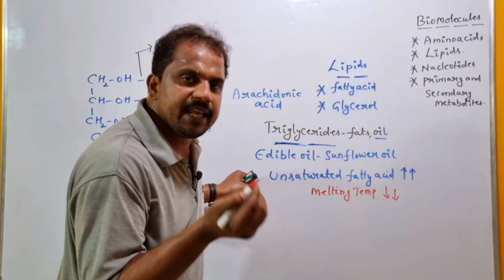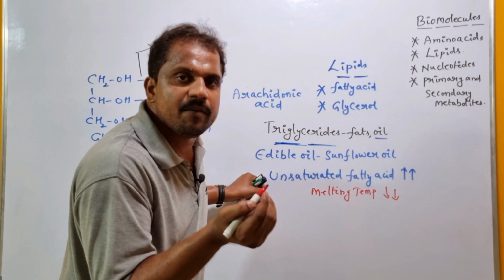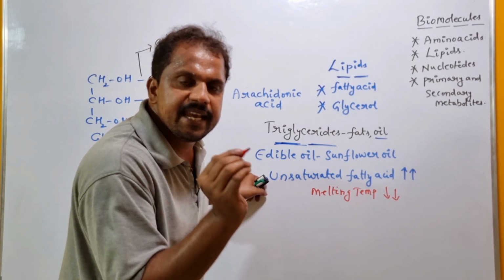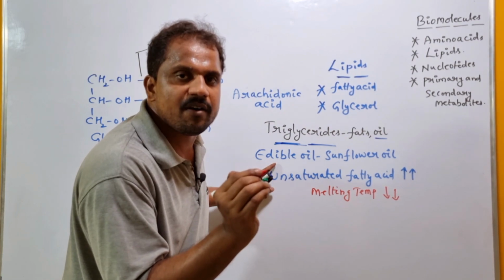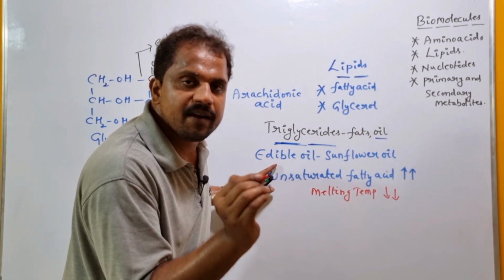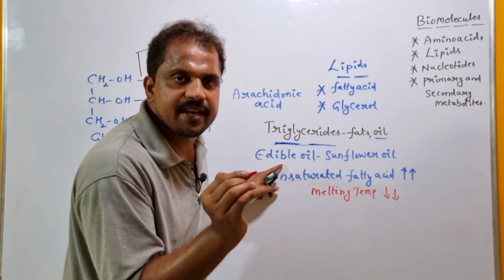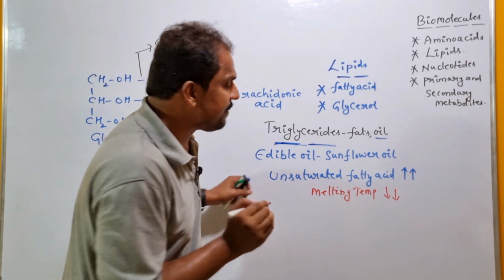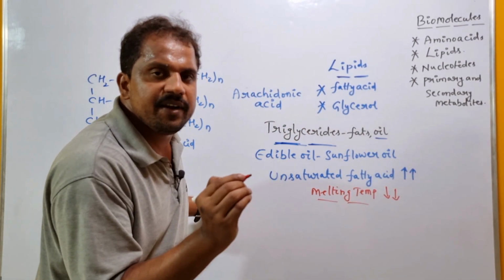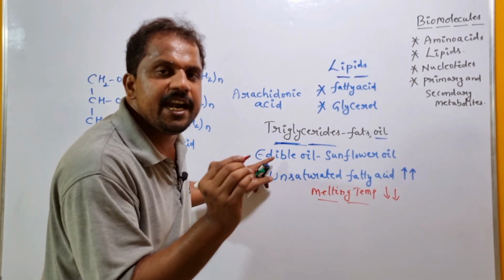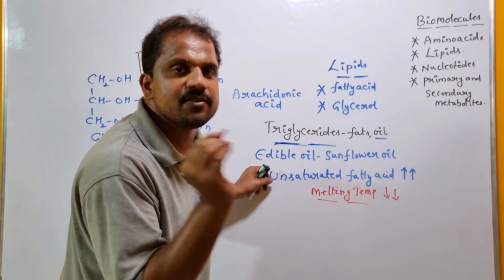In winter the temperature is very low, but even though, the sunflower oil remains in liquid form because it is composed of unsaturated fatty acids. Unsaturated fatty acids have a very low melting temperature. So that is the reason why even in winter, edible oils like sunflower oil remain in liquid form, but they won't remain in solid form.